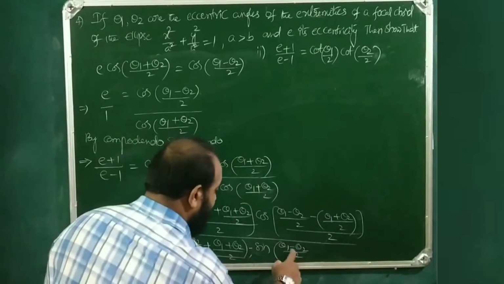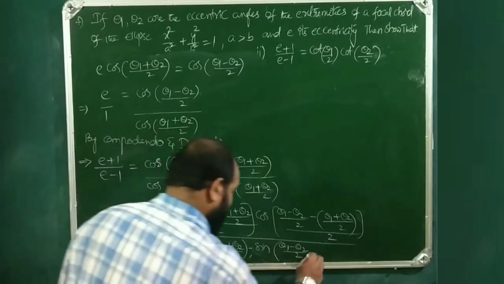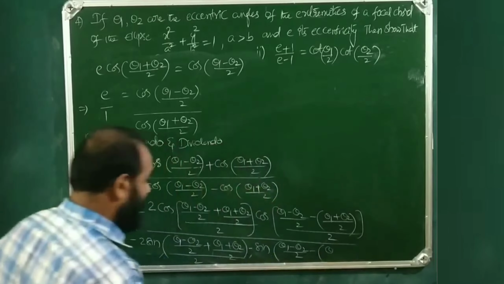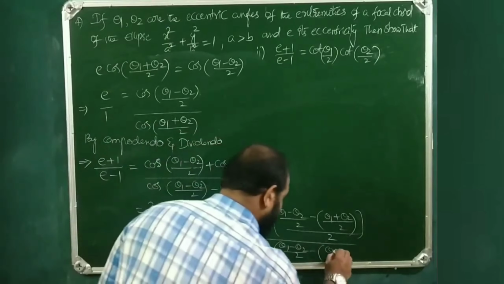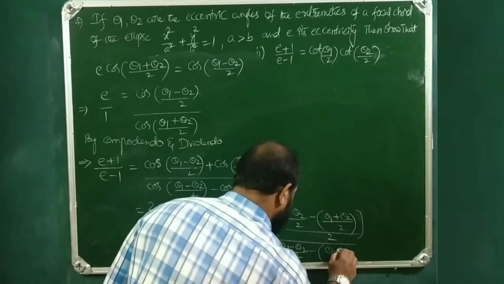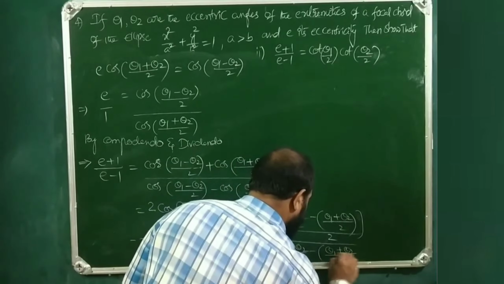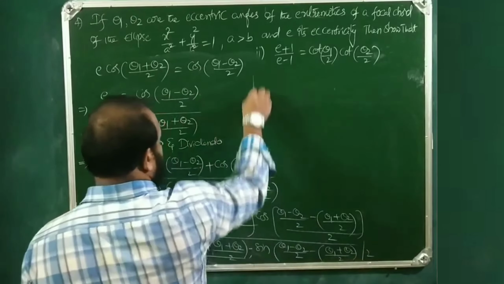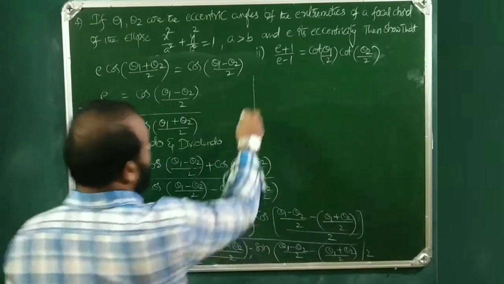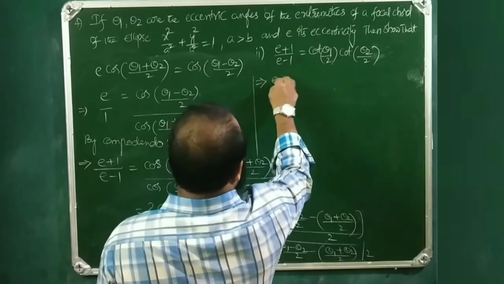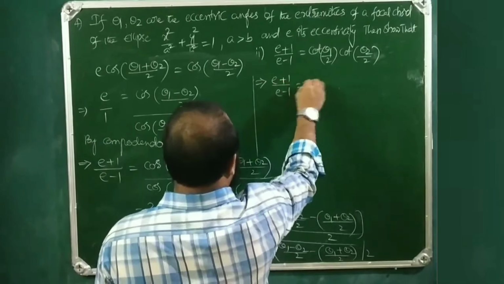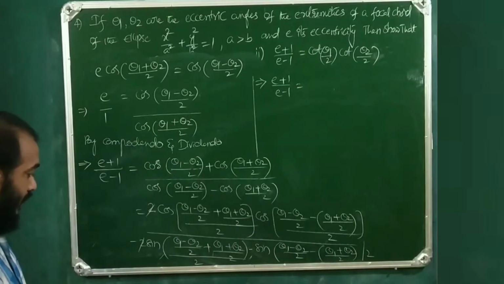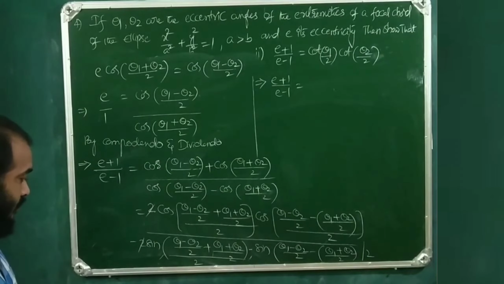Likewise, this is (theta 1 minus theta 2)/2 plus minus of (theta 1 minus plus theta 2)/2 by 2. So E plus 1 by E minus 1 is equal to, see, this 2 gets cancelled.